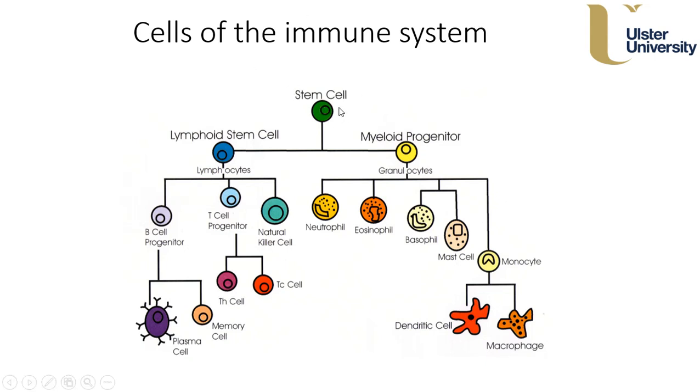The stem cell either differentiates into a myeloid progenitor or a lymphoid cell, also known as a lymphoid progenitor. A myeloid progenitor can differentiate into any one of these granulocytes. What isn't shown is that the myeloid progenitor can also become a platelet or a red blood cell.